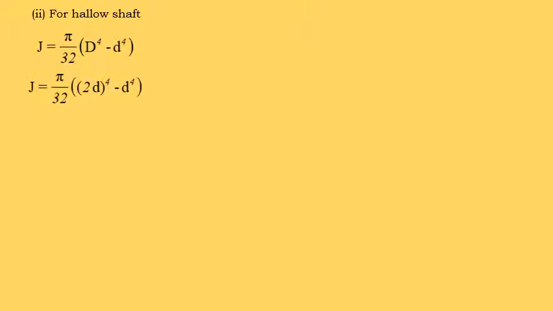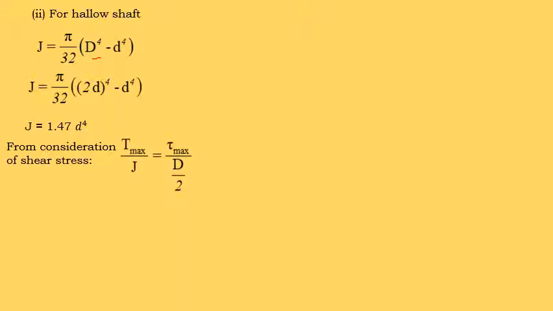Therefore, in place of capital D, we are substituting 2 times of small d. Then the above equation becomes J is equals to 1.47 times of small d to the power of 4.